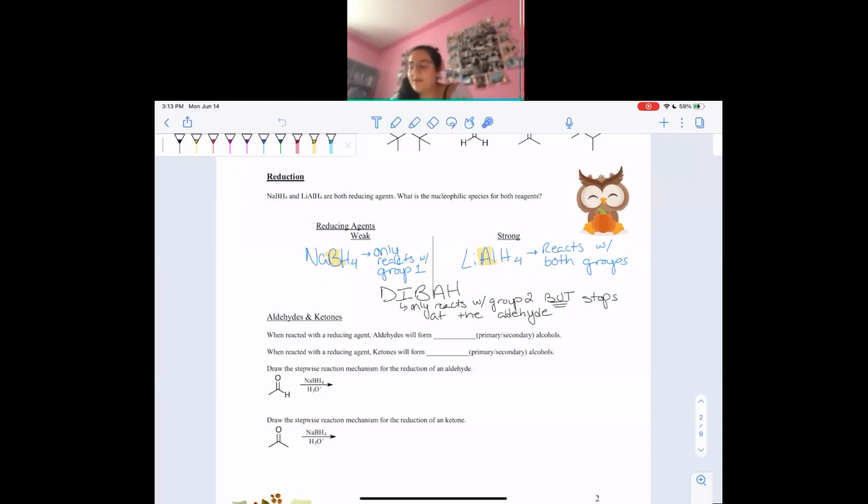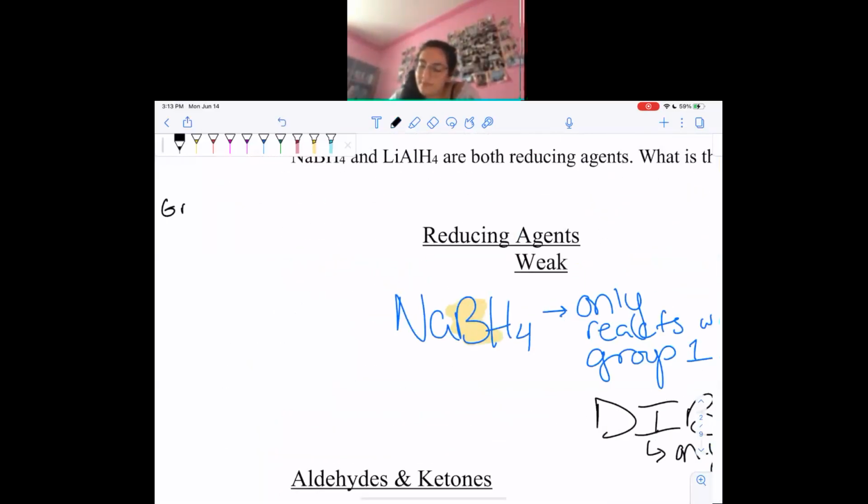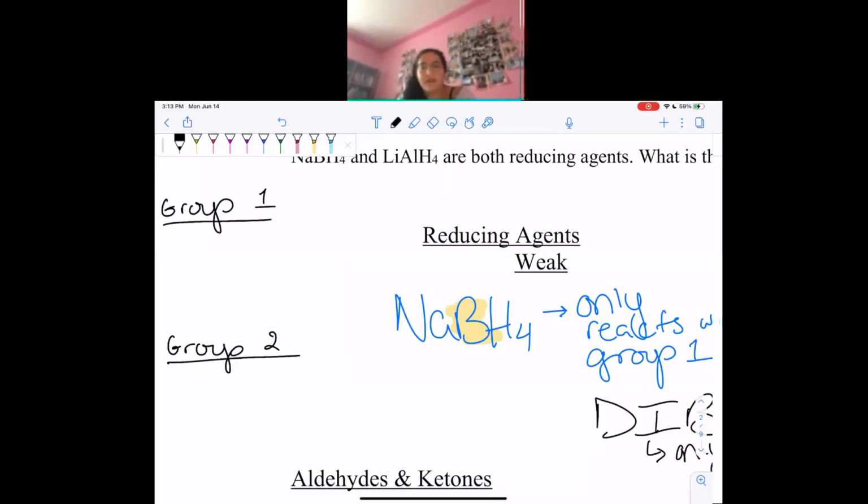And we talked about group 1 versus group 2. So can anyone remind me what in the world group 1 and group 2 are? I'll write it in the corner. Does anyone remember? Okay. Aldehydes and ketones are group 1. Yes.